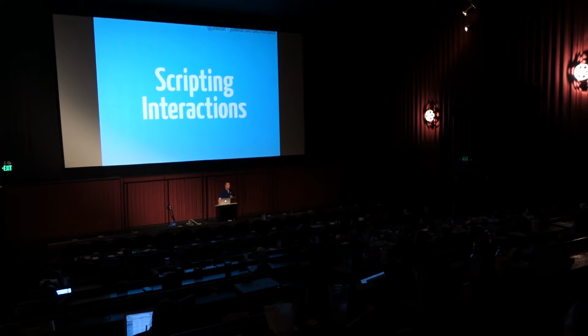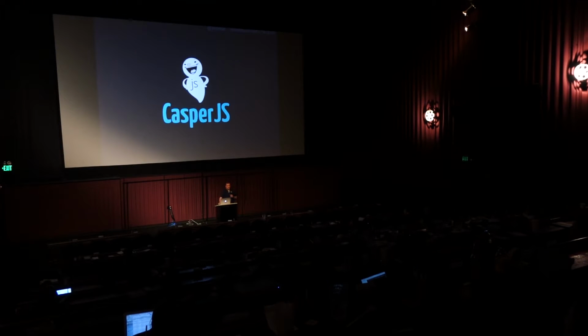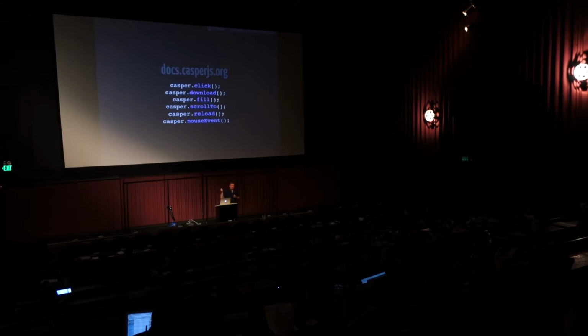And again, I mentioned that with Casper, we can script interactions. docs.casperjs.org provides a lot more information about the API available to you. Some of the things you can do with this is Casper.click, where you can click on a button and take a screenshot of an active state, or download.